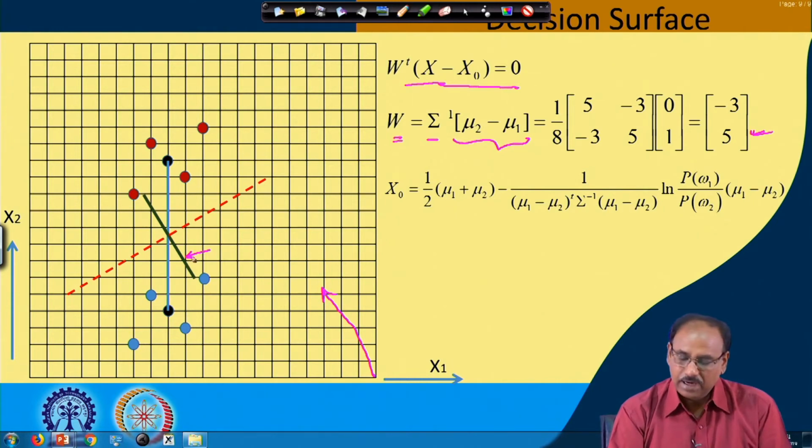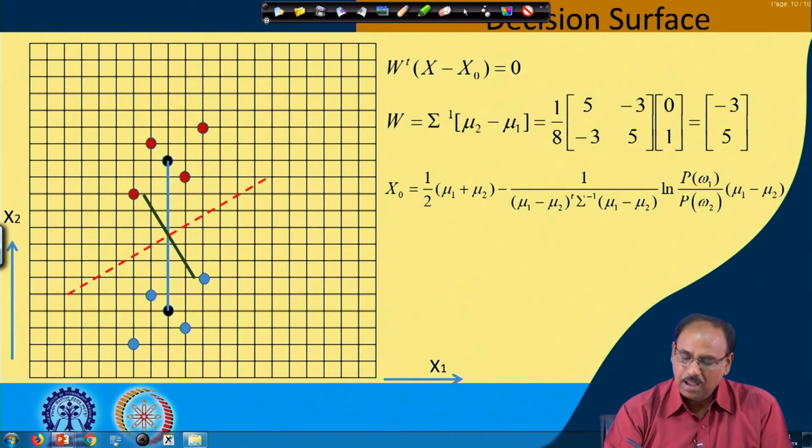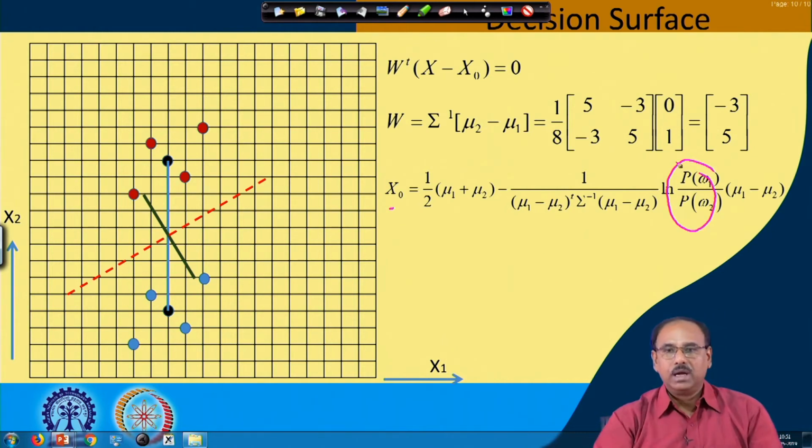Given this, I can also compute x naught, which is given by half of (mu 1 plus mu 2) minus this term. Under the situation where I assume that p omega 1 and p omega 2 are equal, log of p omega 1 upon p omega 2 will be equal to 0.